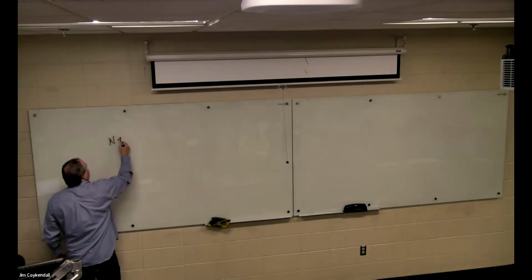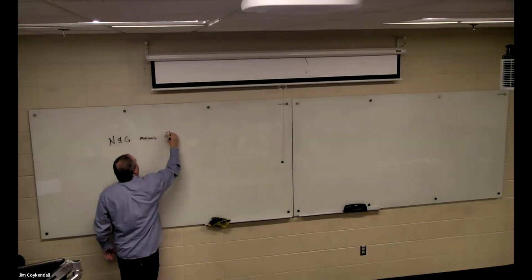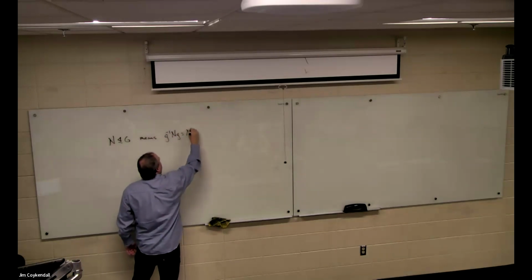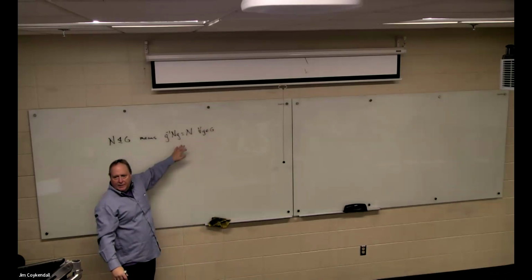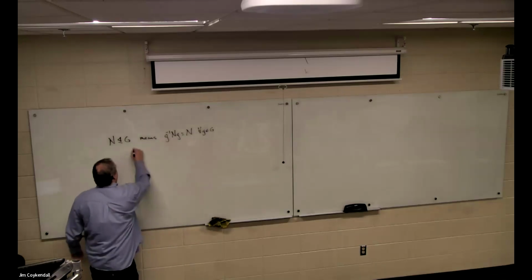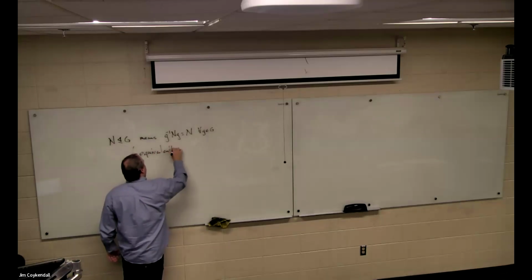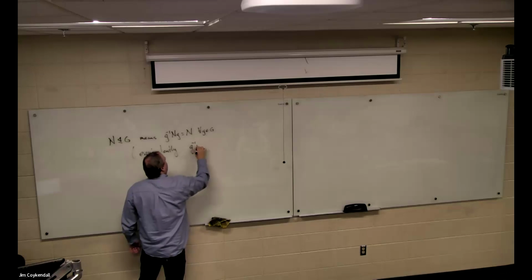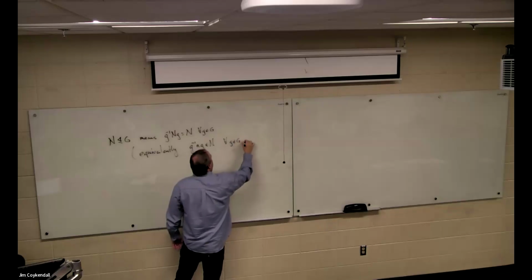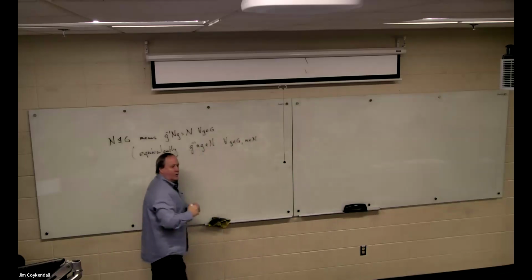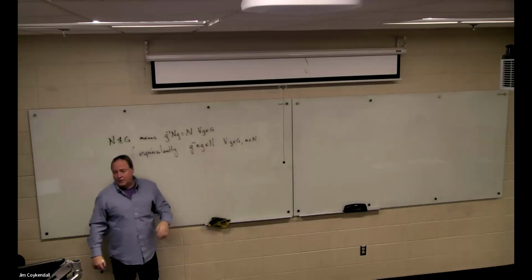N is normal in G means these two sets are the same for every element of G. An equivalent way of thinking of this: G inverse N G still lives in N, for all G and N. So it's a normal subgroup if every conjugate of everything in there is still in that group.